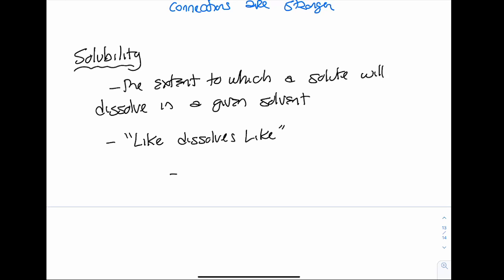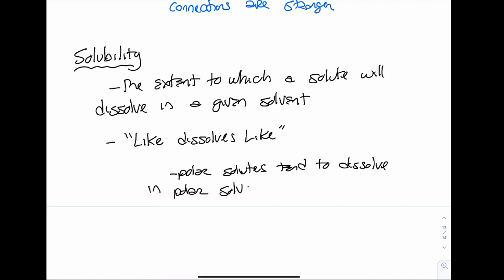So polar solutes tend to dissolve in polar solvents, like they're both polar.